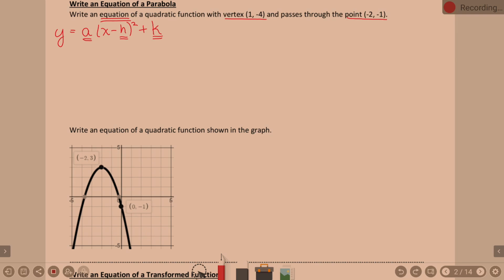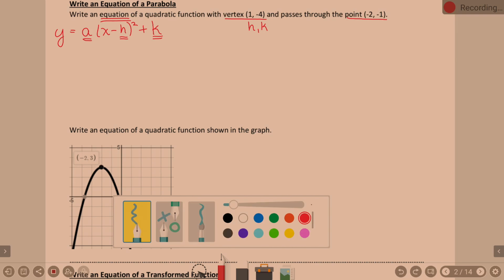What do we already know? H is 1 and K is -4. H is 1 and K is -4 because what is the vertex? The vertex is (h, k). So those values right there, we already have filled in.